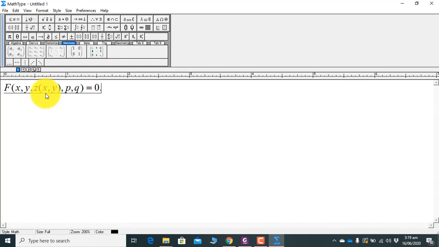Okay, it's not necessary that this is quasi-linear, semi-linear or any non-linear or rather linear partial differential equation. This is the most general form to write any first order partial differential equation.